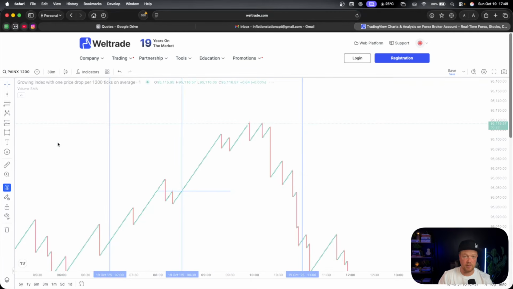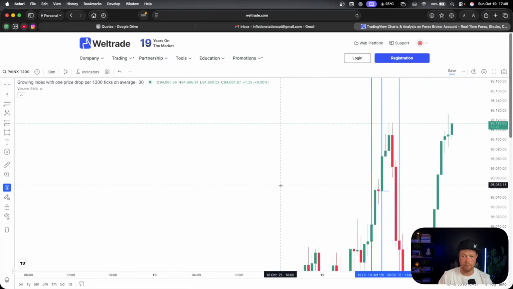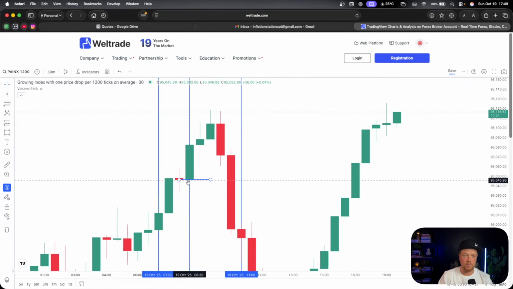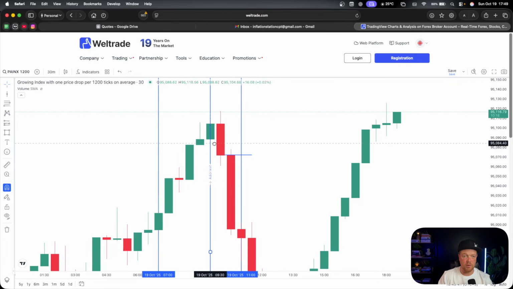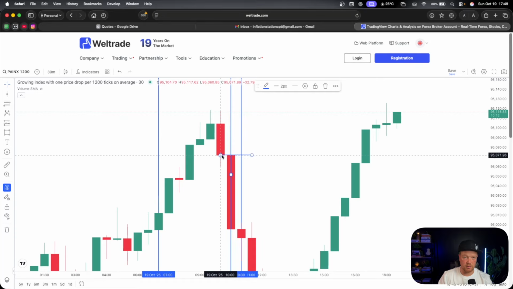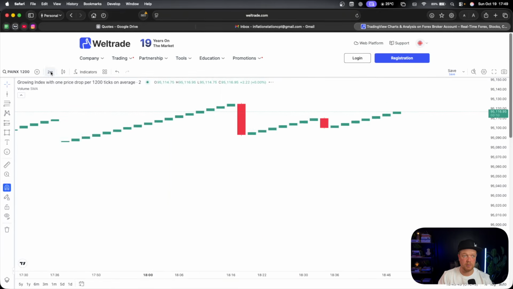So let's go back to the 30-minute. Where was the next bearish candle that formed? It was this one right over here. So when the new one starts, right, let's just mark it out. When the new candle starts, you go back to the 1 minute.